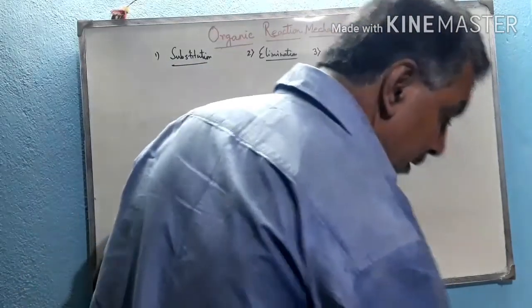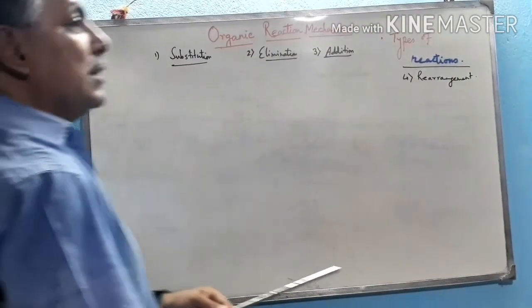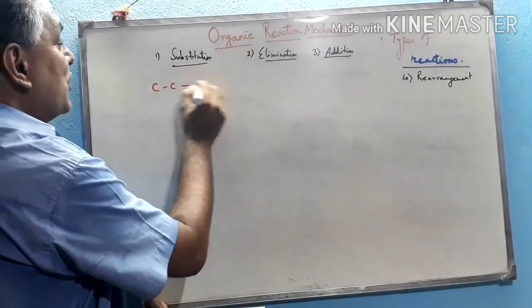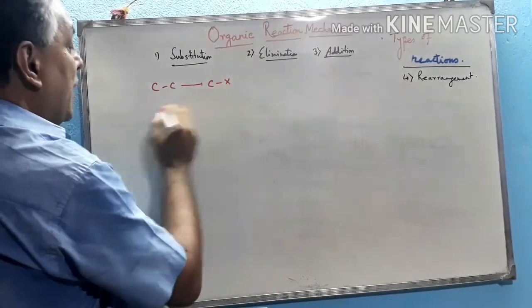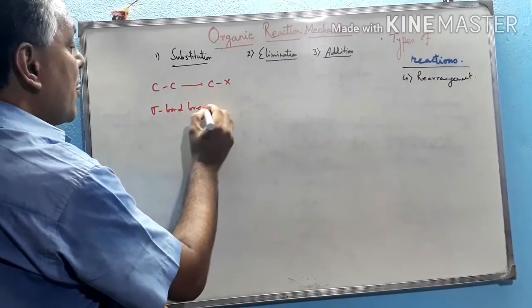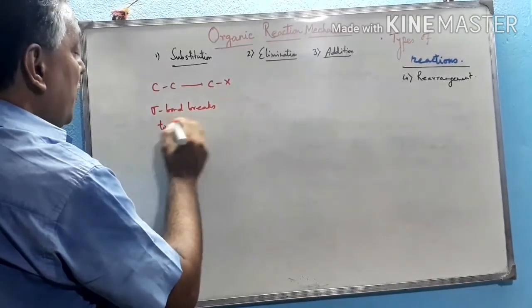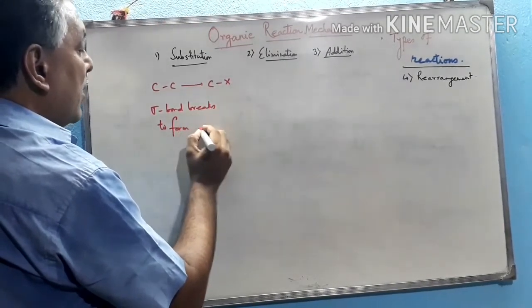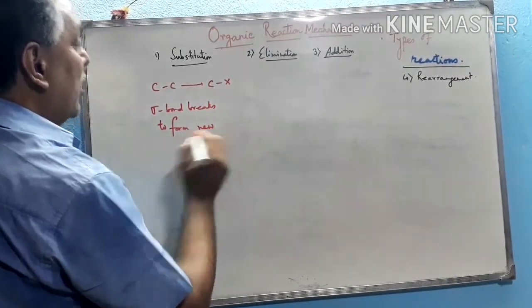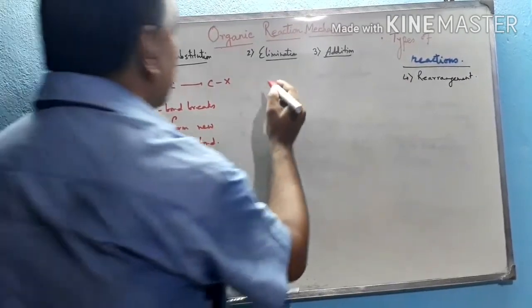See this, in case of substitution reaction, when a single bond gets substituted, that means a sigma bond breaks to form a new sigma bond. This type of reaction is called the substitution reaction.